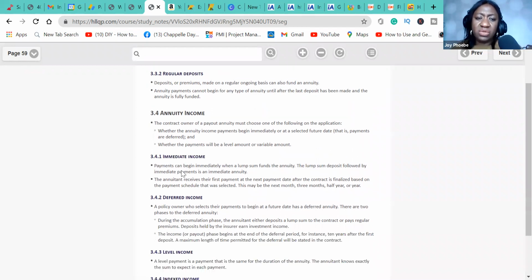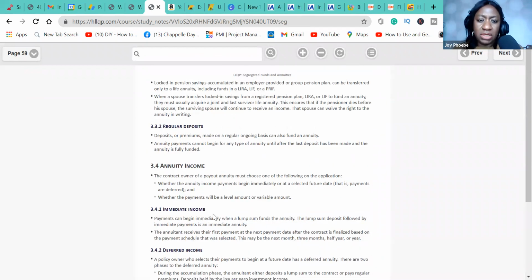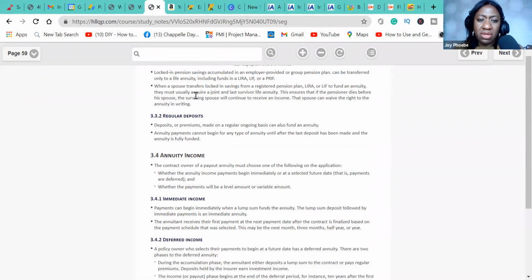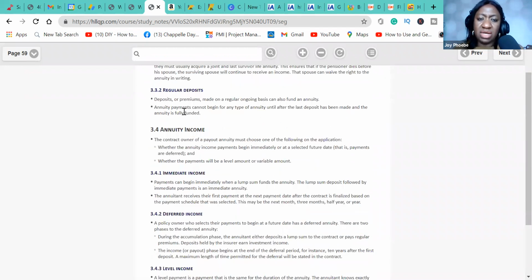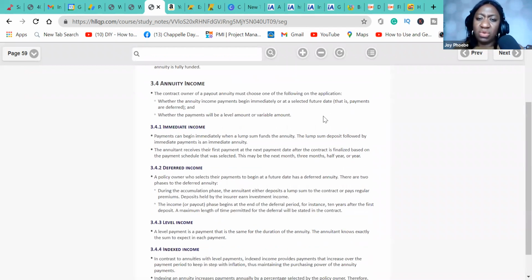All right, so talking about annuity income. The contract owner of the payout annuity must choose one of the following applications. When the annuity income payment begins immediately, the account has to be funded immediately, whether the payment will be a level amount or variable.